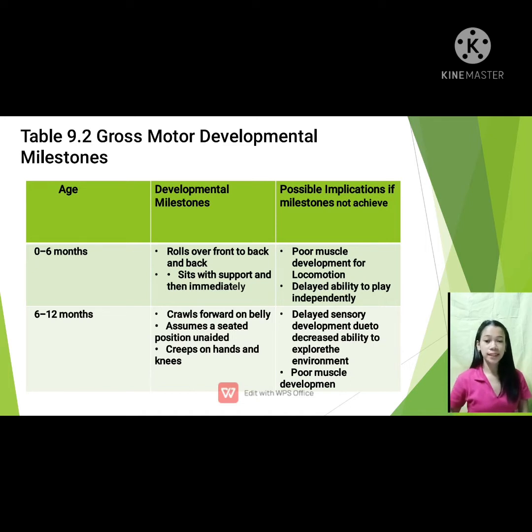If not achieved, sensory development is delayed due to decreased ability to explore the environment, as well as delayed muscle development.